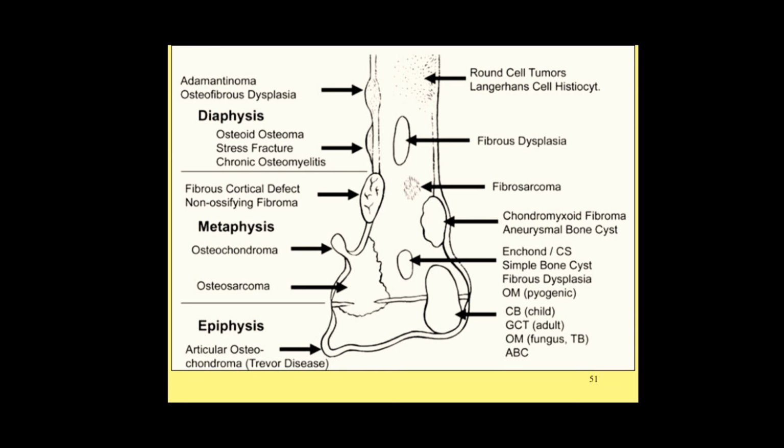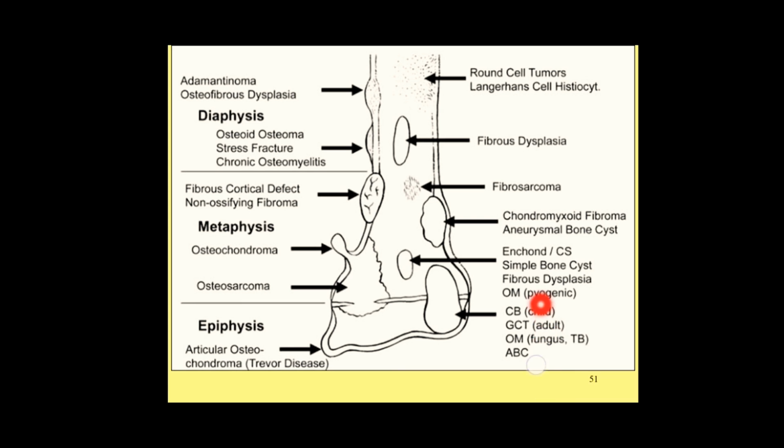Coming to the summary, I just want to emphasize the location of the tumor, mostly whether it is epiphysis, metaphysis or diaphysis. In the epiphysis, you should remember that osteochondromas, giant cell tumor, chondroblastoma, osteomyelitis of fungal and TB type, and aneurysmal bone cyst can occur.